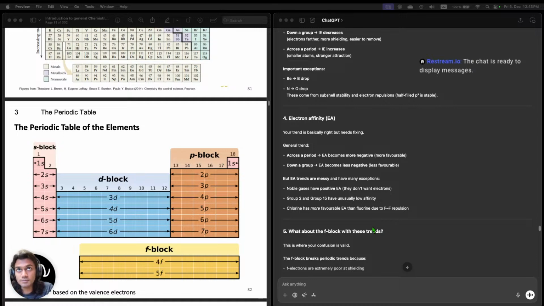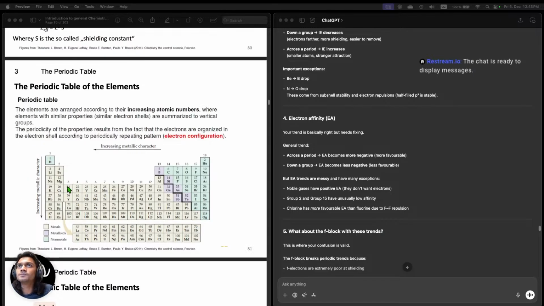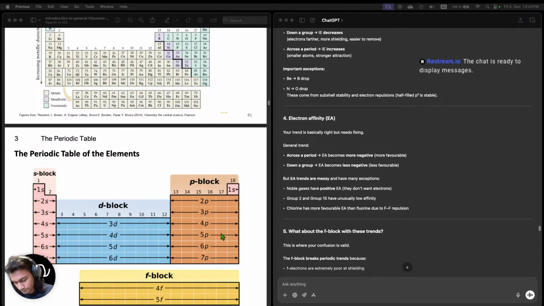How long is the F block? Oh, it's all the way. Five to 14, or 4 to 18.